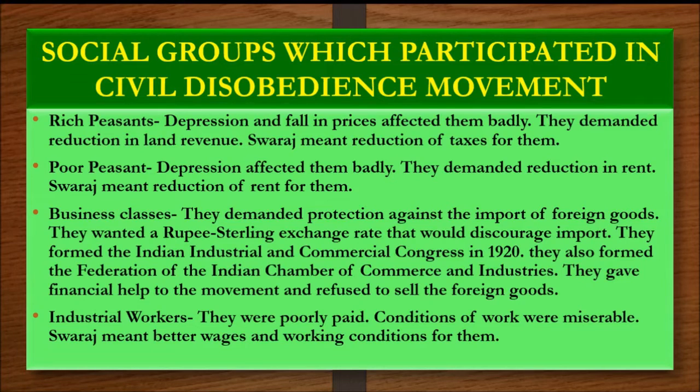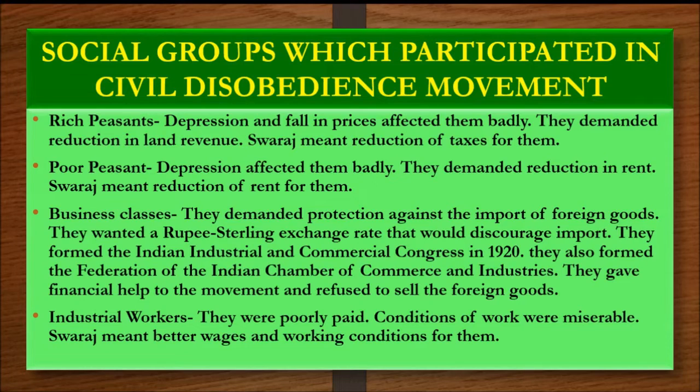And when we talk about the second point, the poor peasants who had small lands were generally tenants. They used to be on rent. They were very badly hit by the fall of prices in food grains.